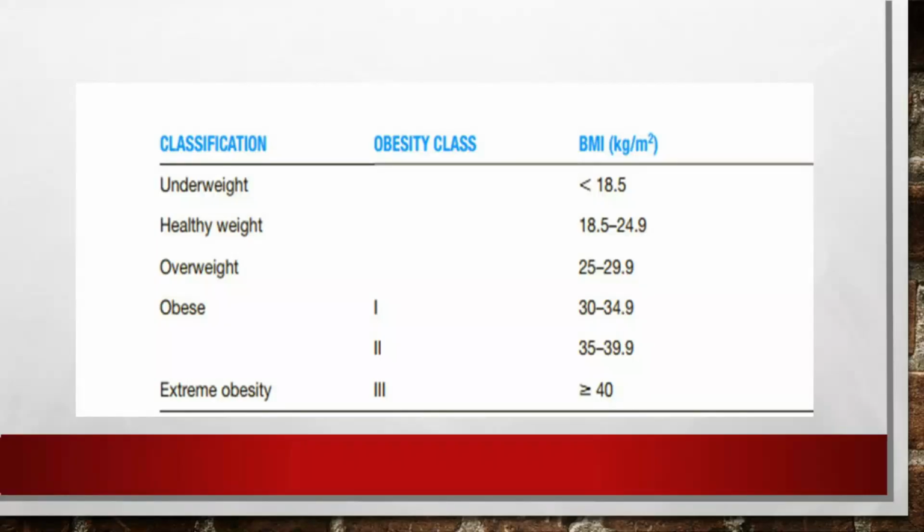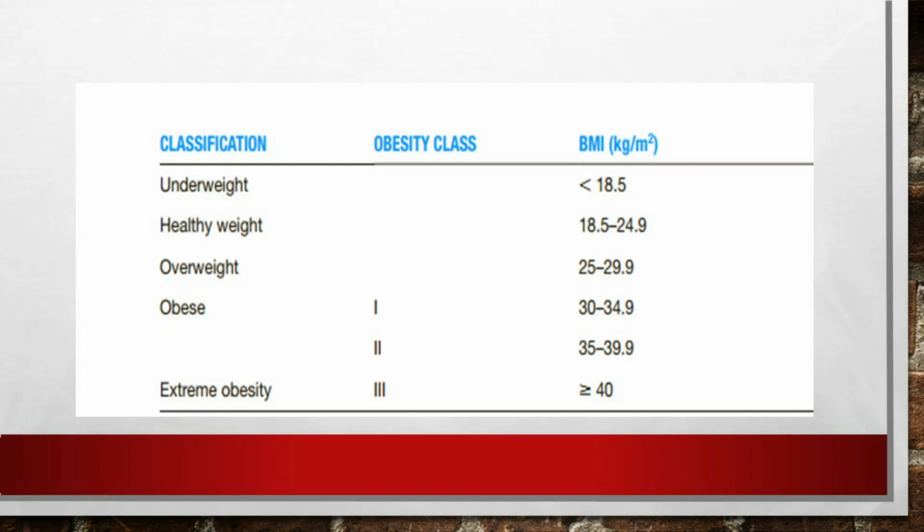This table classifies overweight and obesity by body mass index in adults. Underweight falls in the category of a BMI lower than 18.5, and individuals who have a BMI between 18.5 and 24.9 fall under the category of healthy weight.